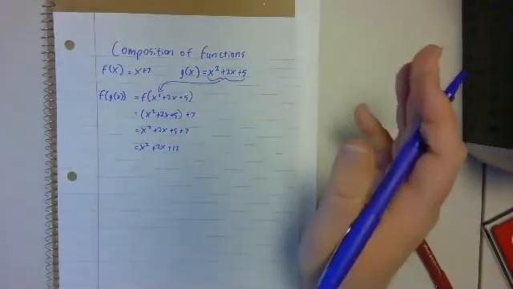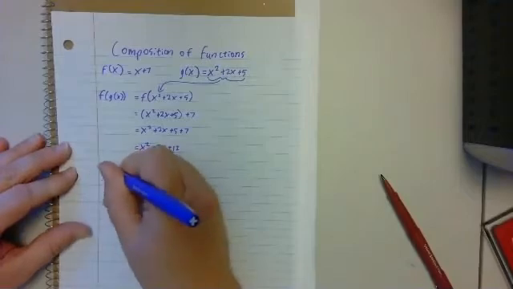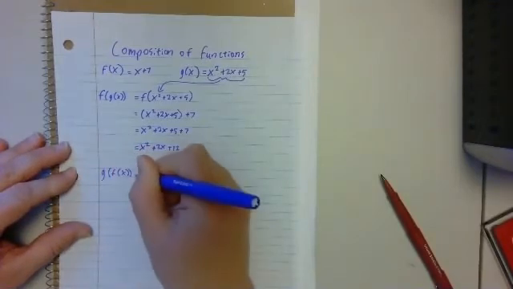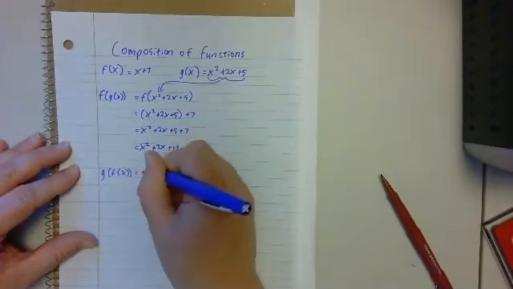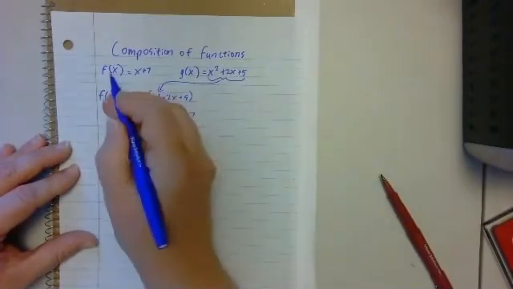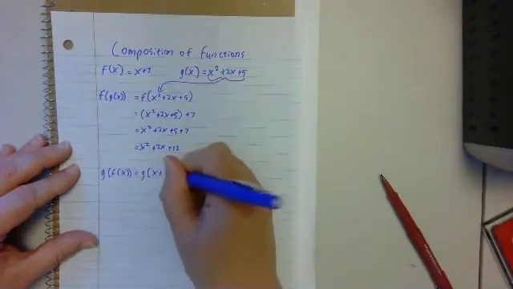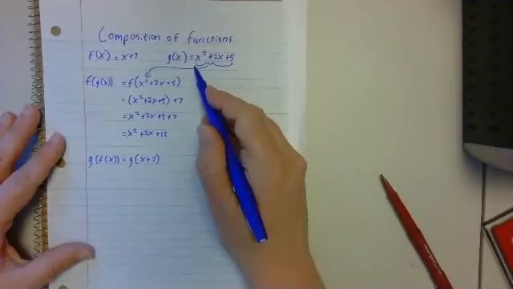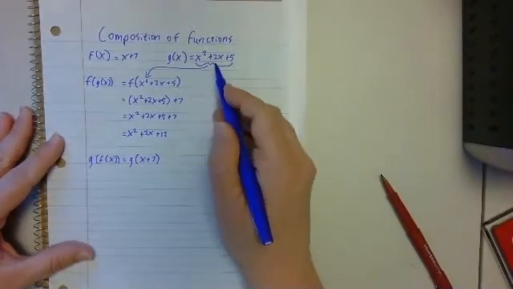All right, that's fine. Now we'll do g of f of x. So same idea. g of f of x. Look up here, my f of x is x plus 7. Oh, that's not too bad, just g of x plus 7. No big deal. So I go through g, and every time I see an x, I put in x plus 7.